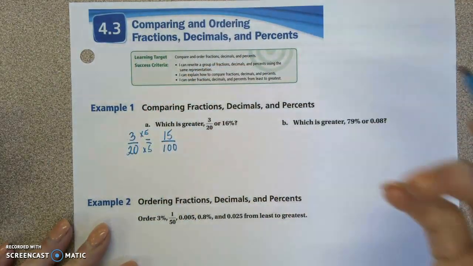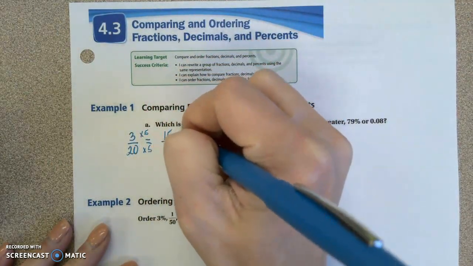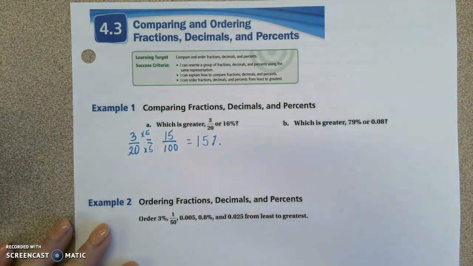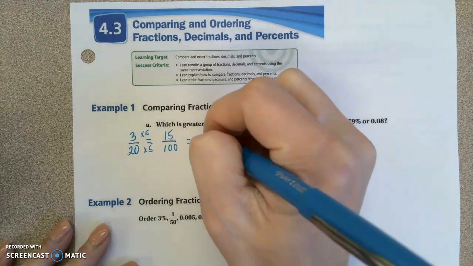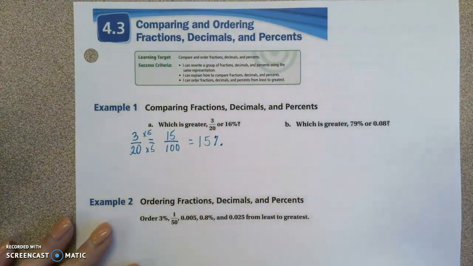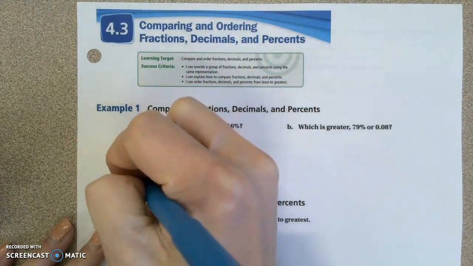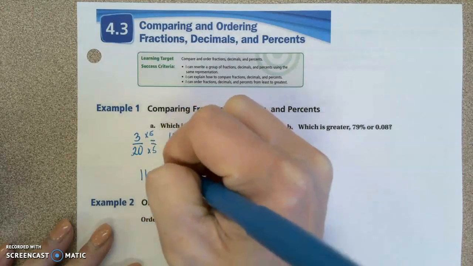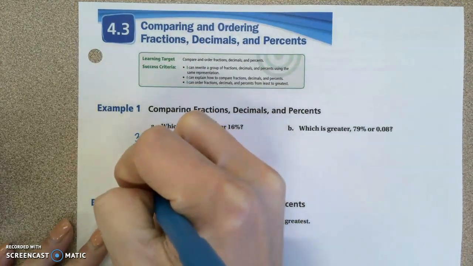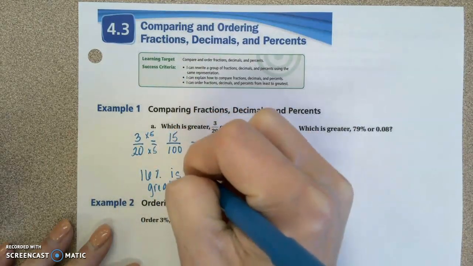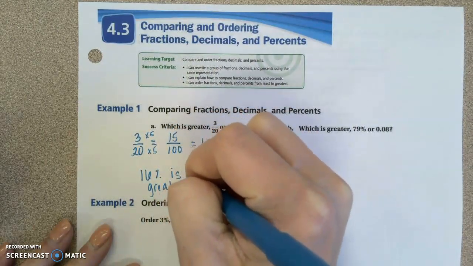And I know if I have 15/100ths, that is 15%. 15% and 16%. Okay. I know 15% is less than 16%. So I'm going to say 16% is the greater number. 16% is greater than 3/20.